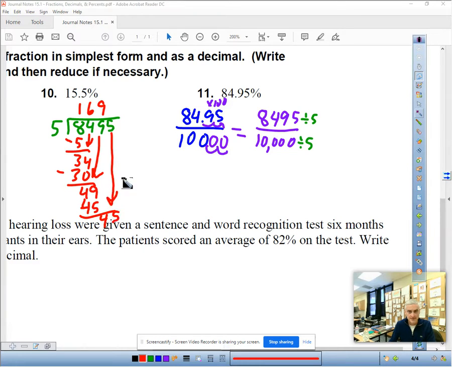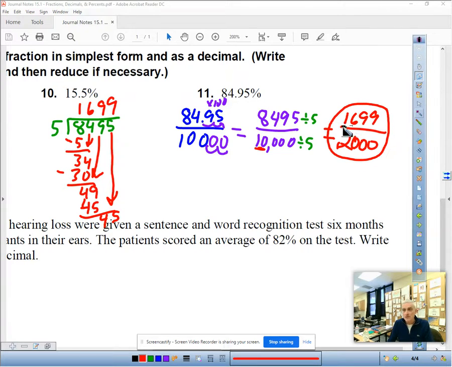Bring down the 5. 5 goes into 45 9 times evenly. So we get 1,699. Then when I divide the denominator by 5, I use the same trick I used on the previous problem. I know 5 will go into 10 2 times, and then I just add 1, 2, 3 zeros. And from here, this is in lowest terms. 1,699 over 2 thousand.